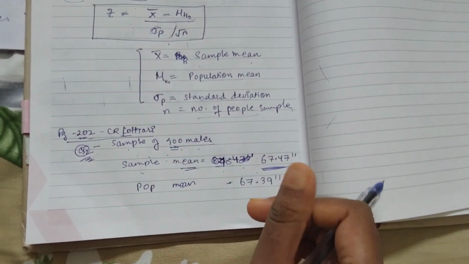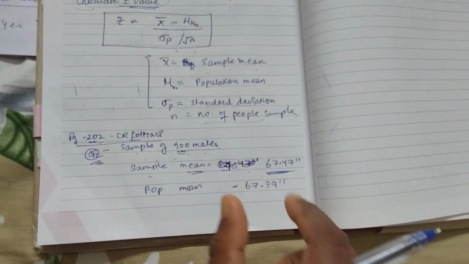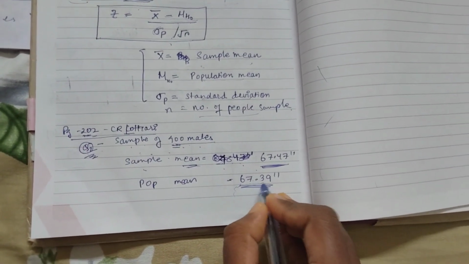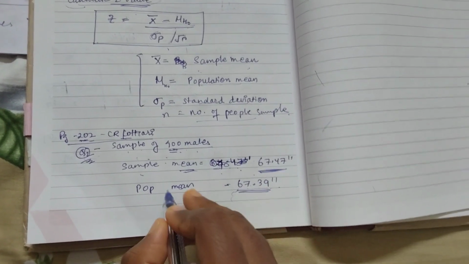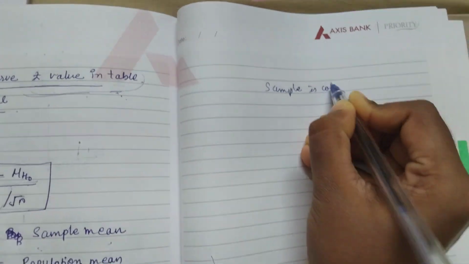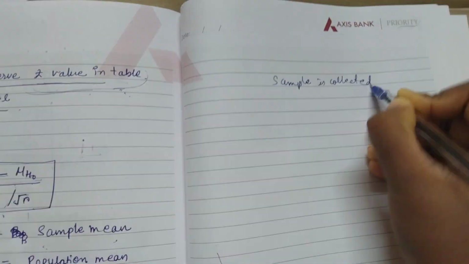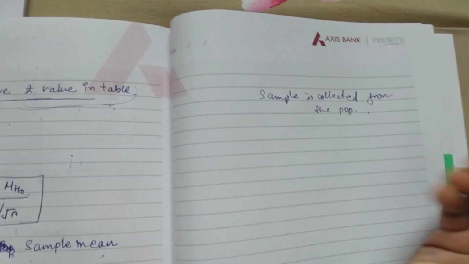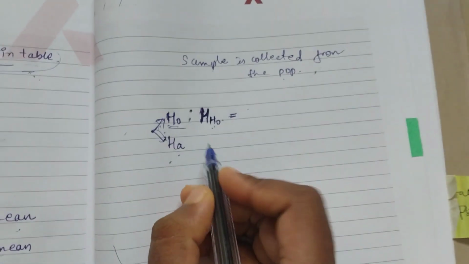Now we need to say whether we are taking that sample from the population whose mean is 67.39 inches. We need to check whether the sample is collected from the population or not. For this we will make two kinds of hypothesis, H naught and H alternative.